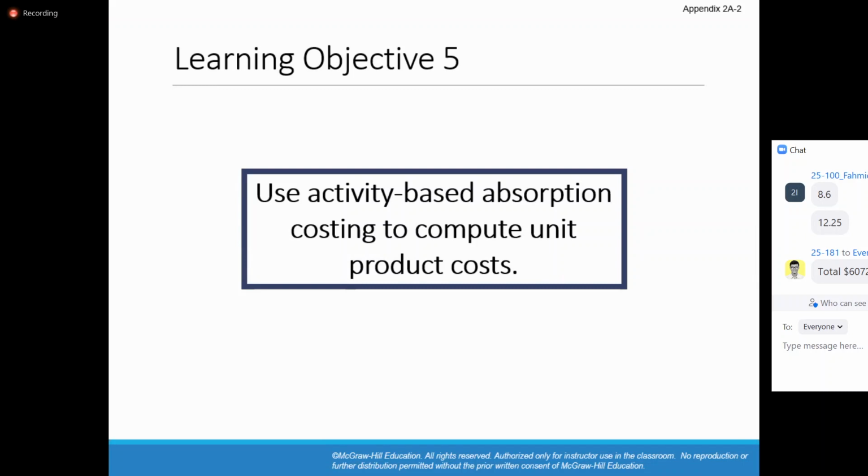So before applying it, we need to have some preliminary concepts clear. Then we'll see how it is applied and how it is different from the traditional system of applying overhead rate based on the volume of products produced or expected to be produced in a particular year. And that is the traditional system.